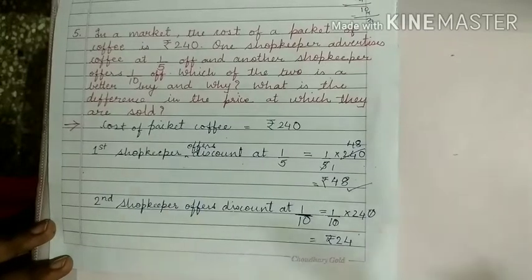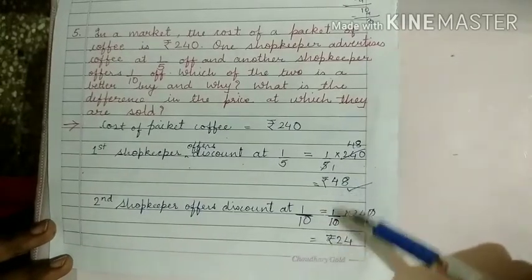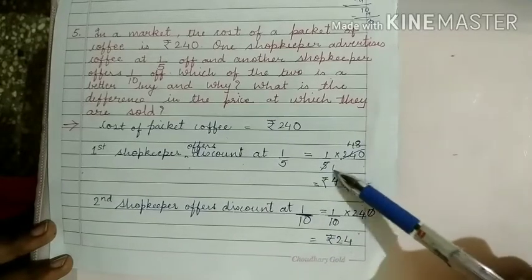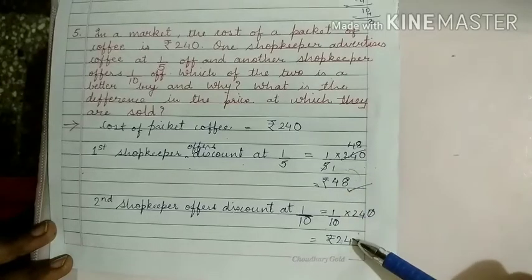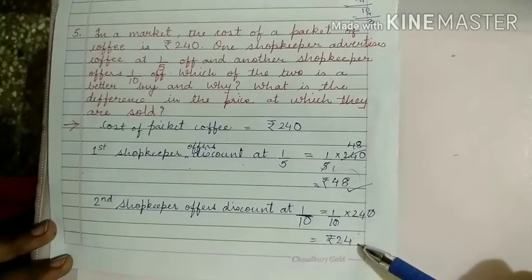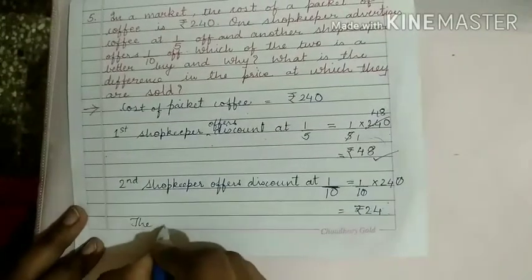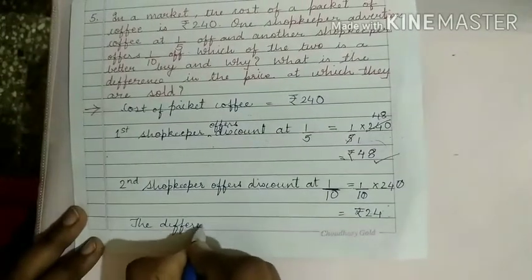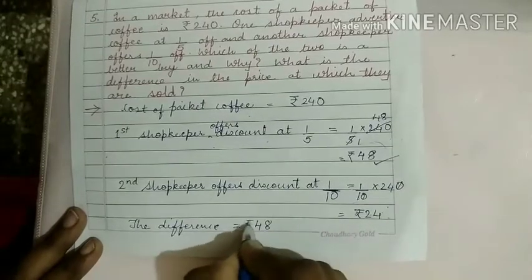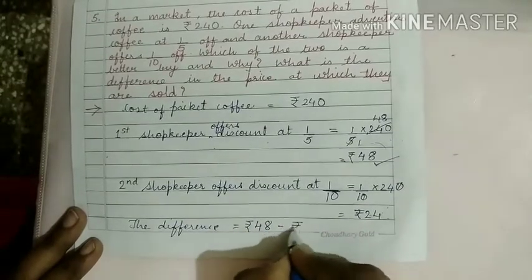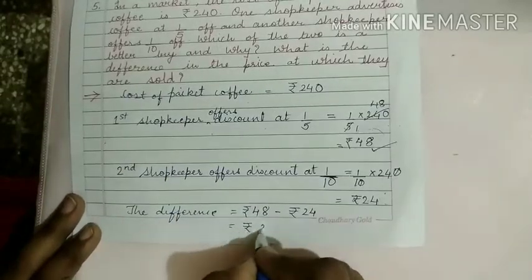For finding the difference, we have to subtract this from this. 48 minus 24, you will get the difference as 24. So the difference, rupees 48 minus rupees 24 is equal to rupees 24.